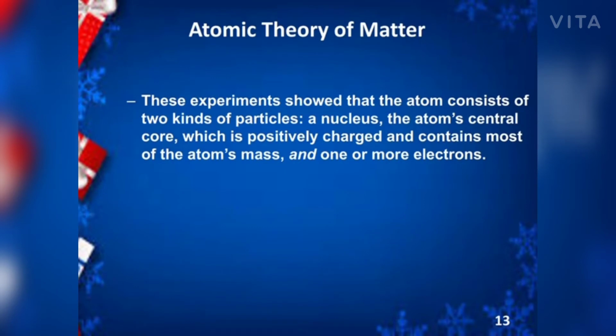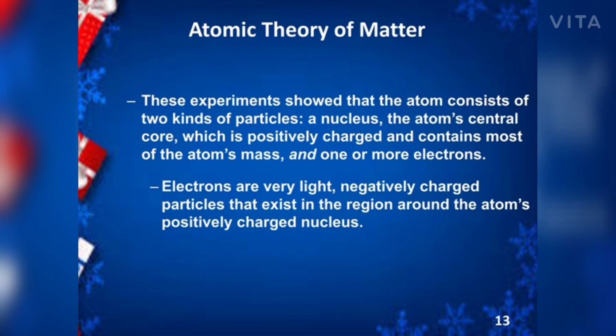These experiments show that the atom consists of two kinds of particles: a nucleus, the atom's center core, which is positively charged and contains most of the atom's mass, and one or more electrons. One is the nucleus, another is the electron.